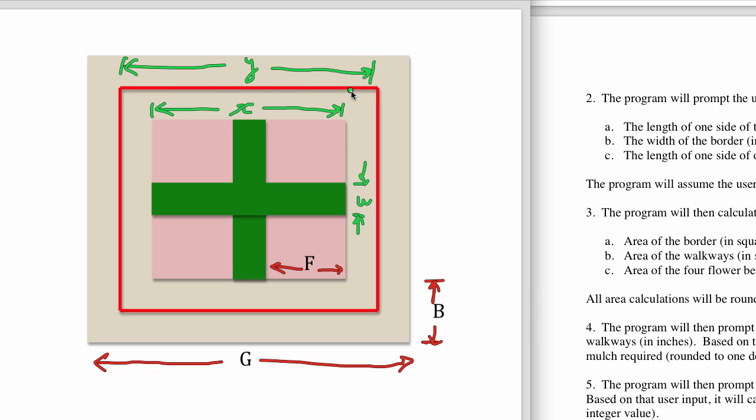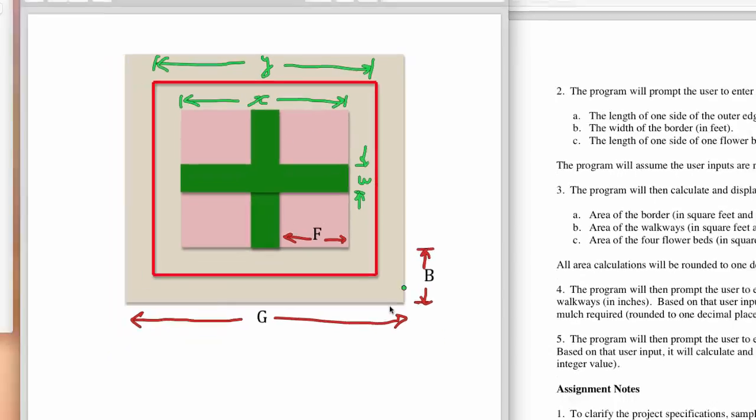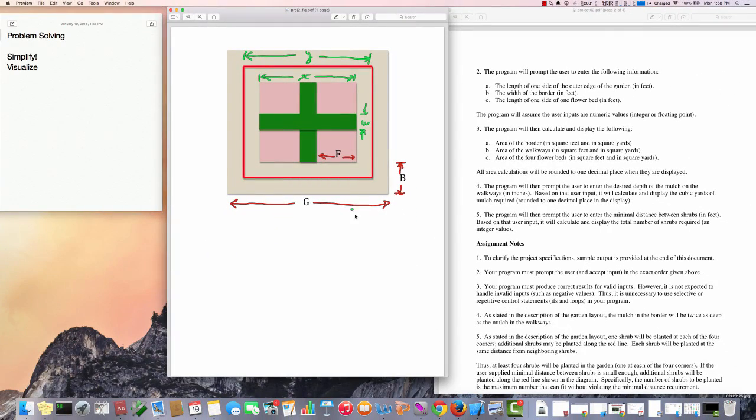And how do you get y? Well, if you think about it, y is actually a function also of G and B. So at some point, when you're playing around with this, you want to have x equals something, y equals something, w equals something. And if you think about it in those terms, then calculating all the areas gets to be pretty easy.